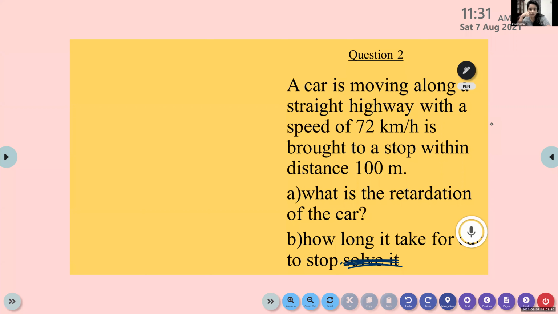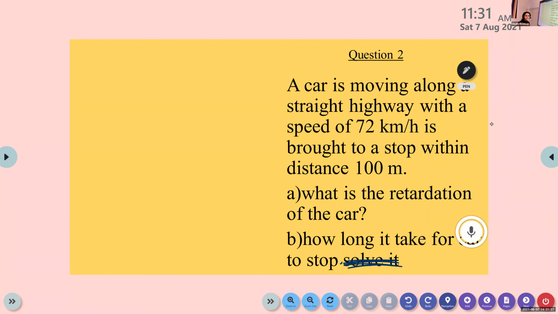Speed. How do we represent speed? Is there any equation or letter for representing the speed? Distance by time. Okay.